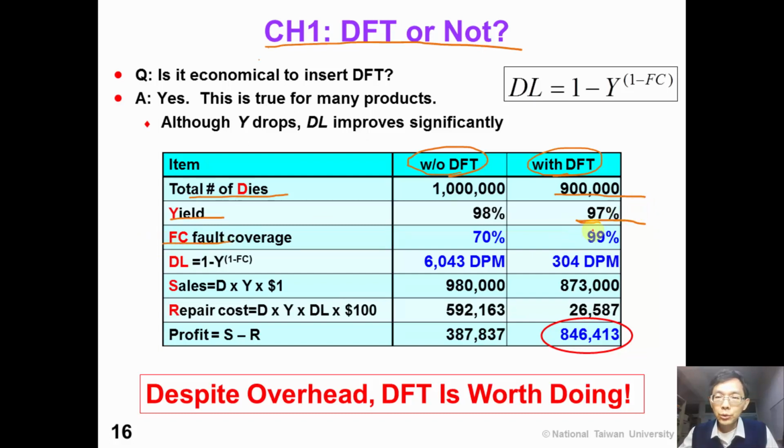But the fault coverage with DFT is significantly higher and the defect level is significantly lower. So the repair cost is much better with DFT. The conclusion was that despite the overhead, DFT is still very much worth doing.